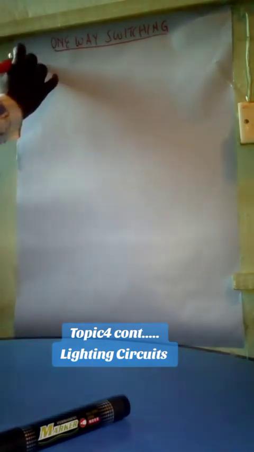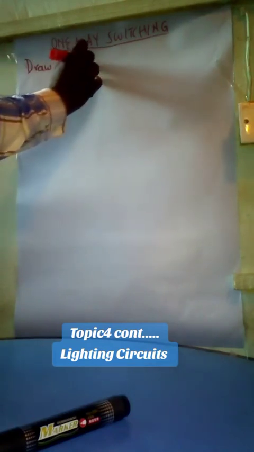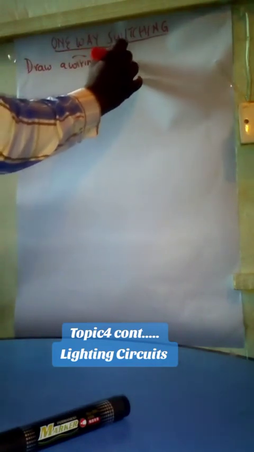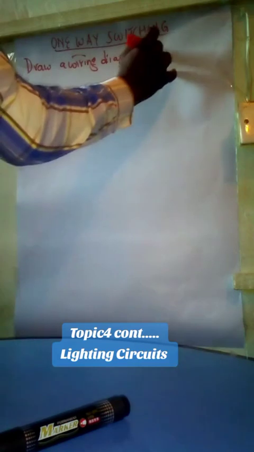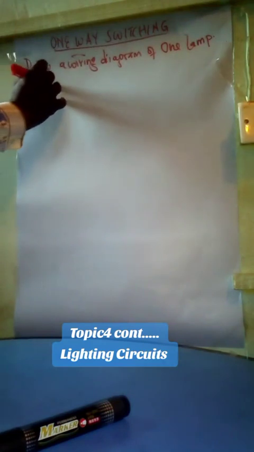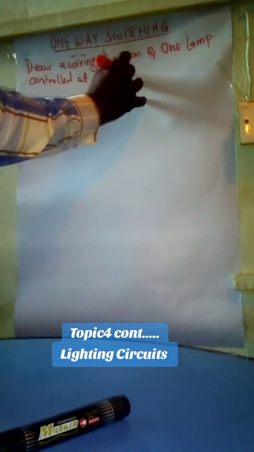One lamp. Draw a wiring diagram of one lamp controlled at one position.